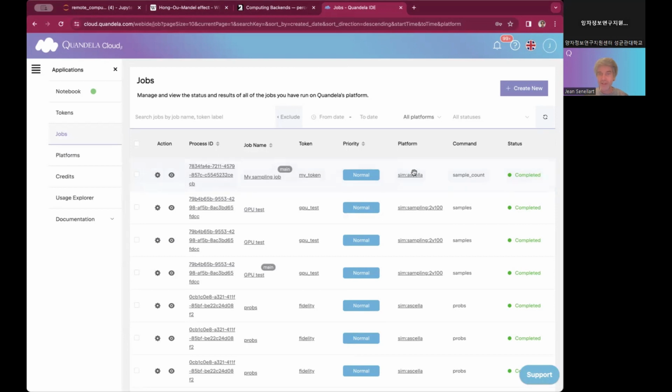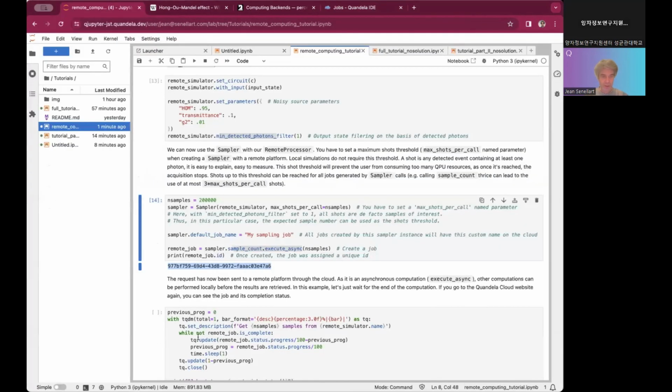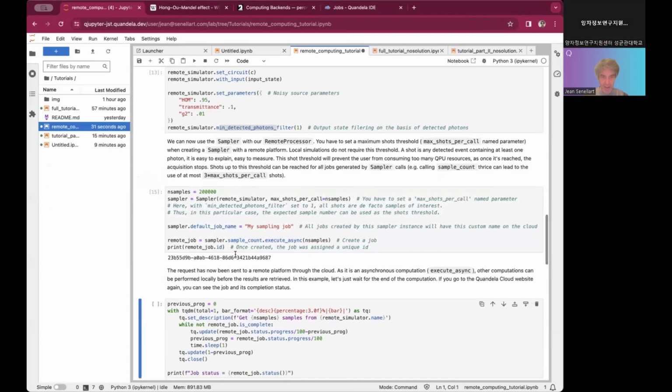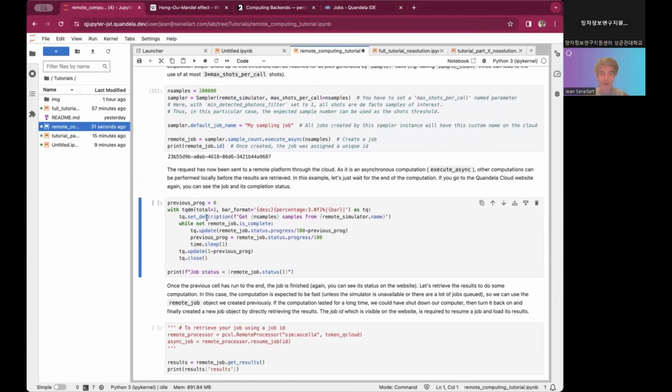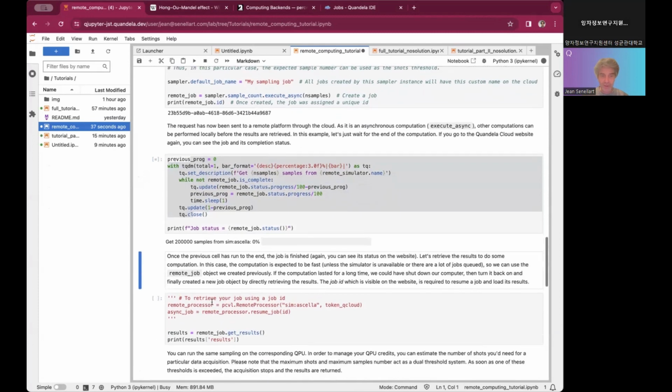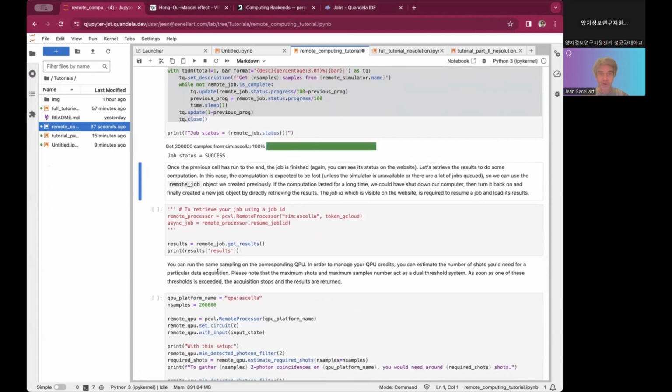If there was a lot of load, or if you were running that on a QPU or a GPU that are more limited, then it would have taken some time. But I can see that my result has already been finalized here. So I'm moving on. And then this will be the loop. It's very standard. It will just be waiting for your job to complete. On our side, it's already complete, so we move on.